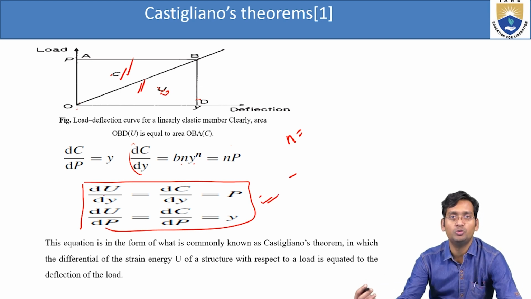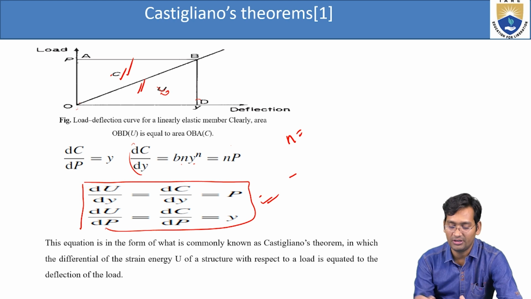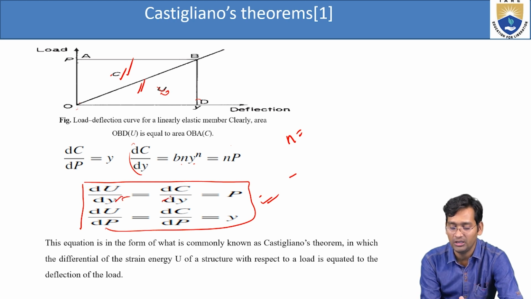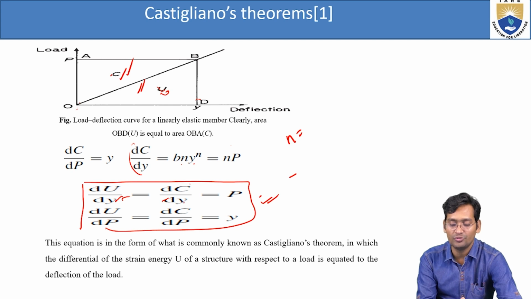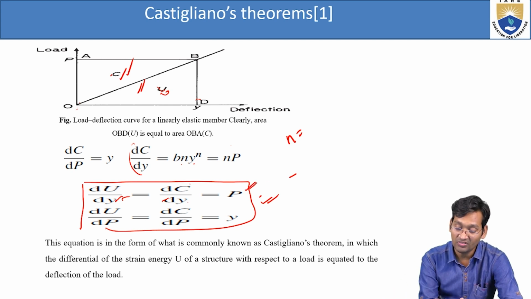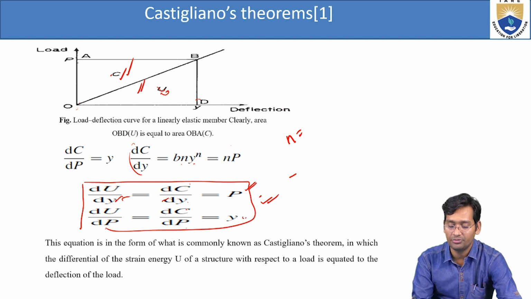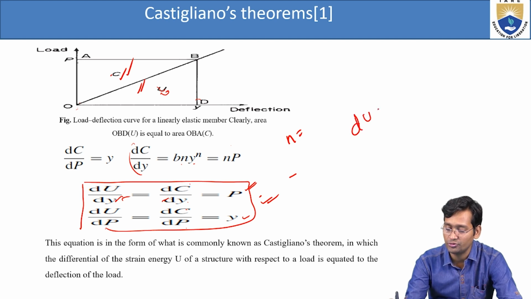So now you can see dU by dy is equal to dC by dy. Just see here, with respect to y only we are differentiating, U also with respect to y and C also with respect to y, that gives what? P. Now U with respect to P and C with respect to P gives y. This is what we have, dU equals P dy, right?